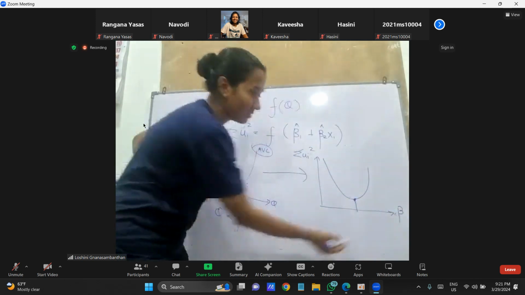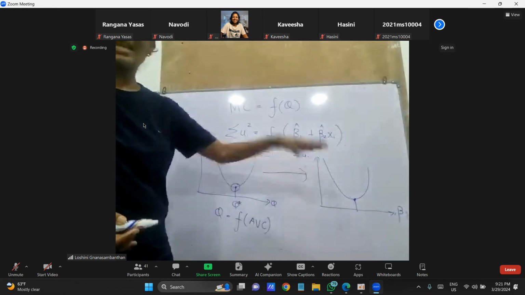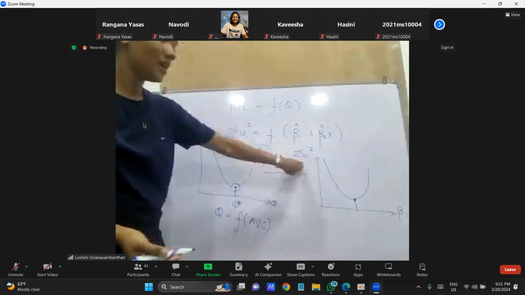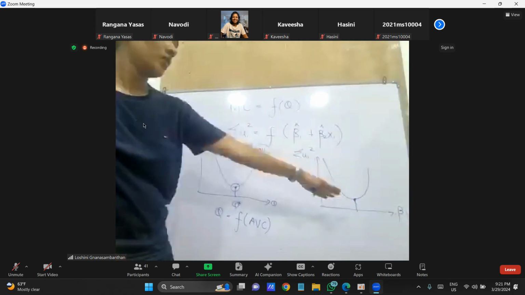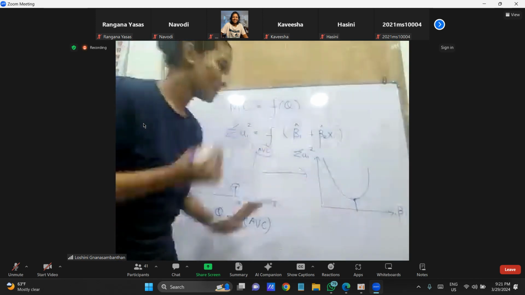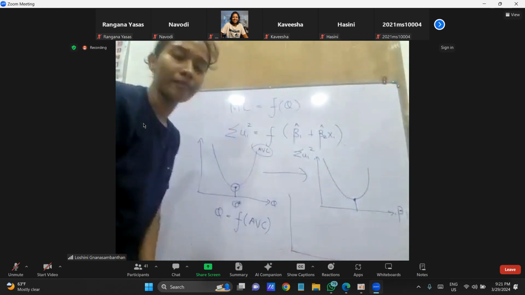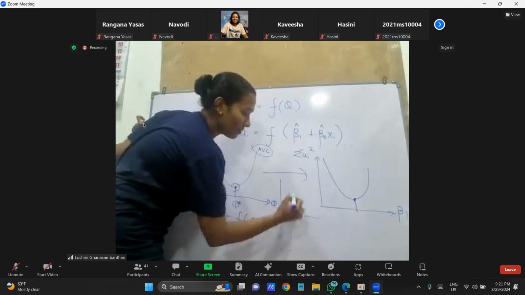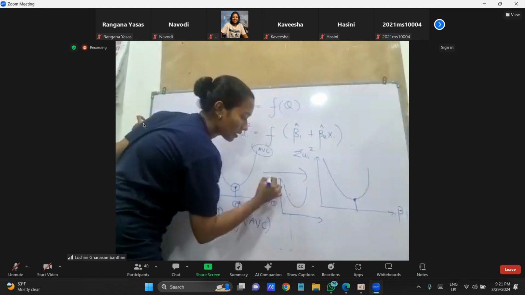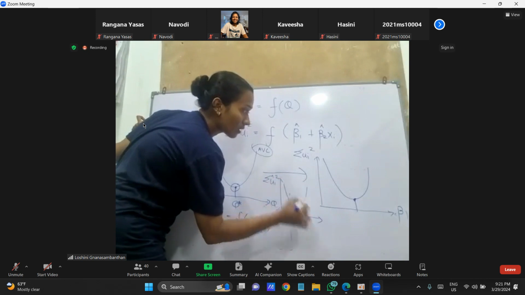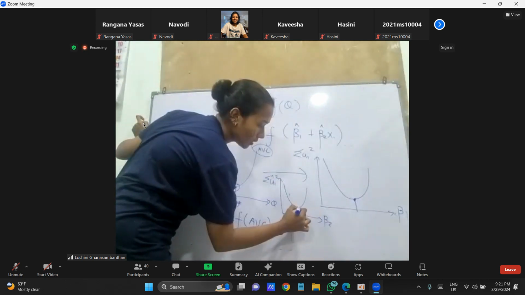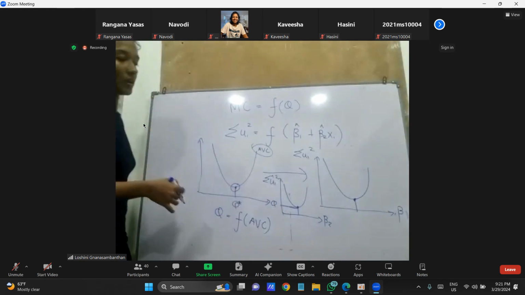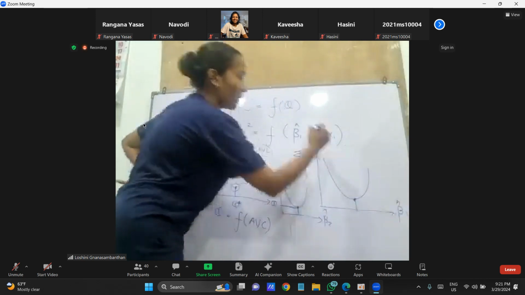Not lowest beta, lowest error, as I said earlier. You should find the beta 1 which will result in the lowest error, and just like that, you should find the beta 2 which will result in the lowest error, because there are two parameters.